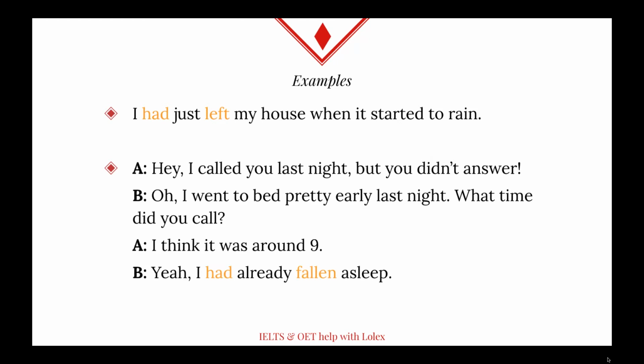In this example, the verb in the past perfect is had fallen asleep. We know that the past perfect means this action was complete before another action or point of time in the past. In this case, we have both an action, he called, and a time, around 9.